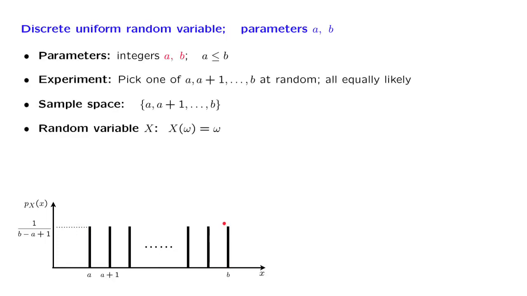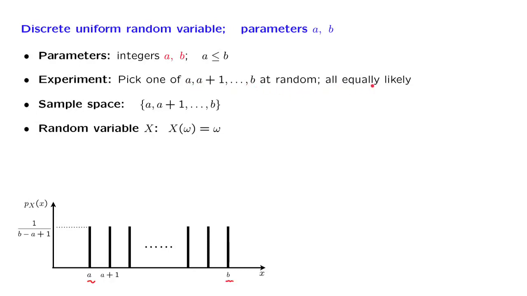To be more precise, a discrete uniform is completely determined by two parameters that are two integers, a and b, which are the beginning and the end of the range of that random variable. We're thinking of an experiment where we're going to pick an integer at random among the values that are between a and b, with the endpoints a and b included.